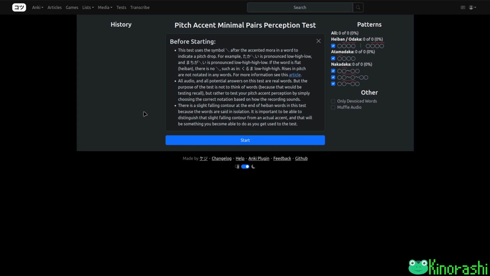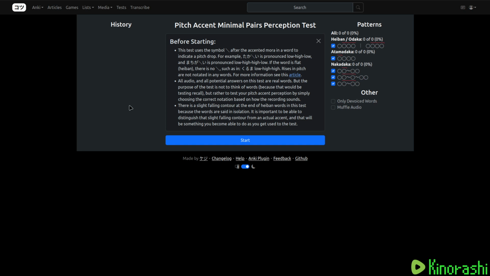The following forms of heiban verbs do not follow the heiban pattern. For other forms, the pitch accent depends on the category of the verb.